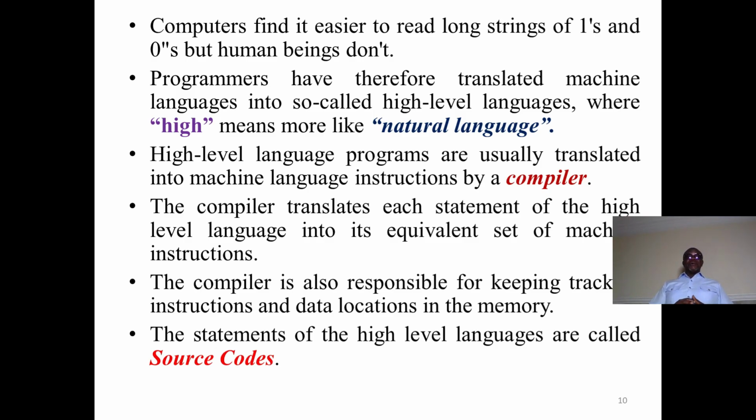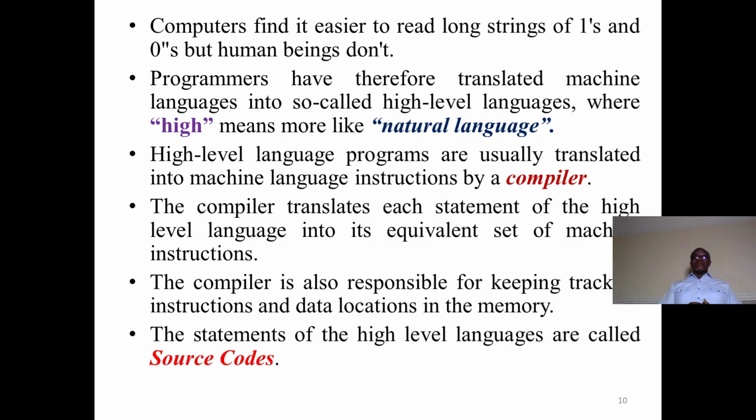Therefore, programmers have translated machine language into the so-called high-level languages, where high in this sense means more like natural language. So no matter the language you speak, programmers have translated machine languages into your language.